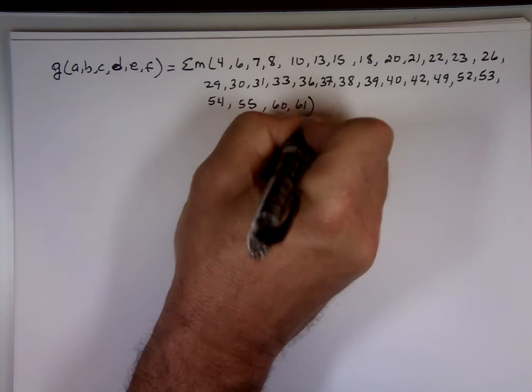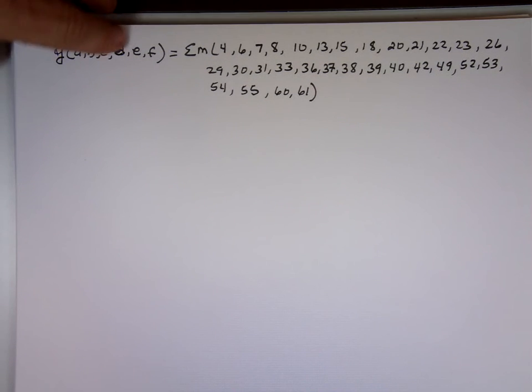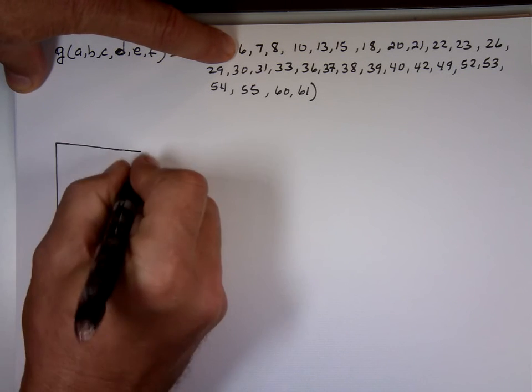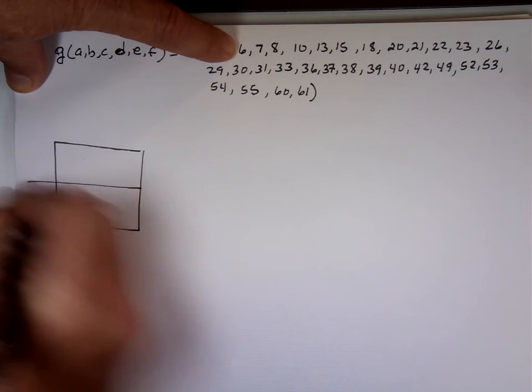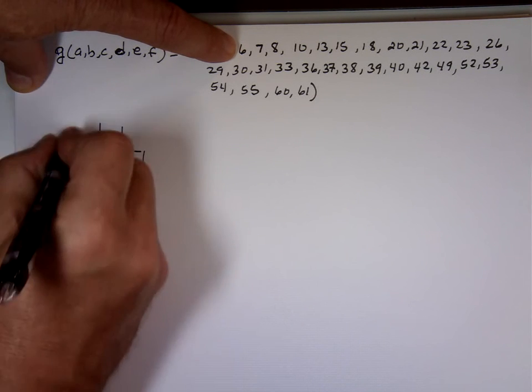Whew. 4 tiny K-maps. This is A equals 0, B equals 0.